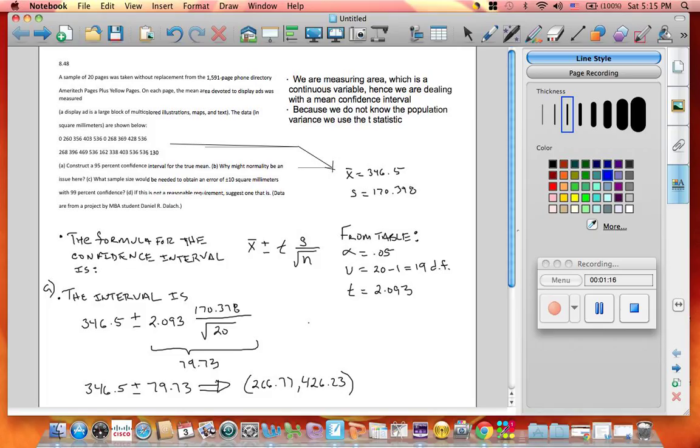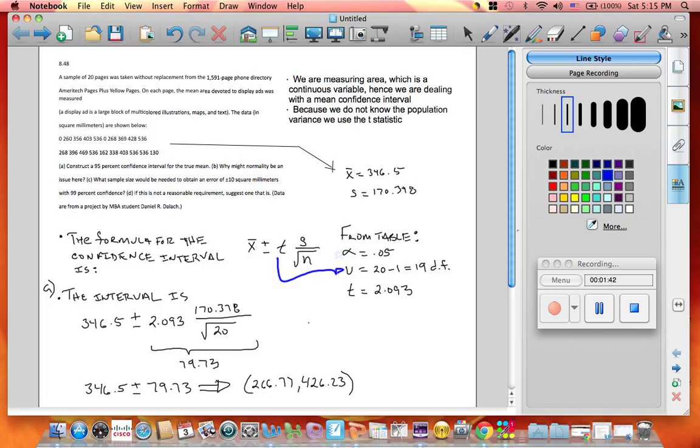Now, the formula that we need to use for a confidence interval is this one over here, right? And then the problem tells us to construct a 95% confidence interval. So when we come here from the table, that means that we're using alpha equals 0.05.